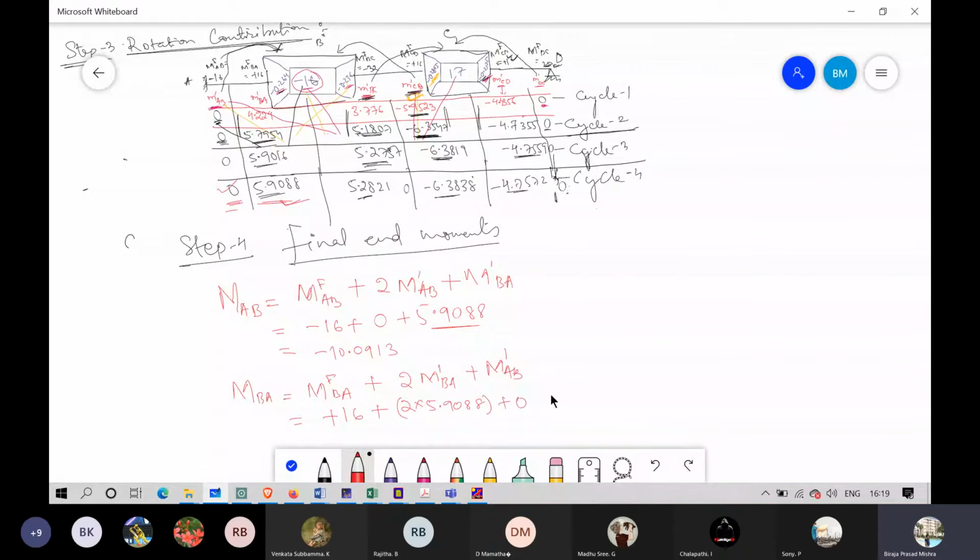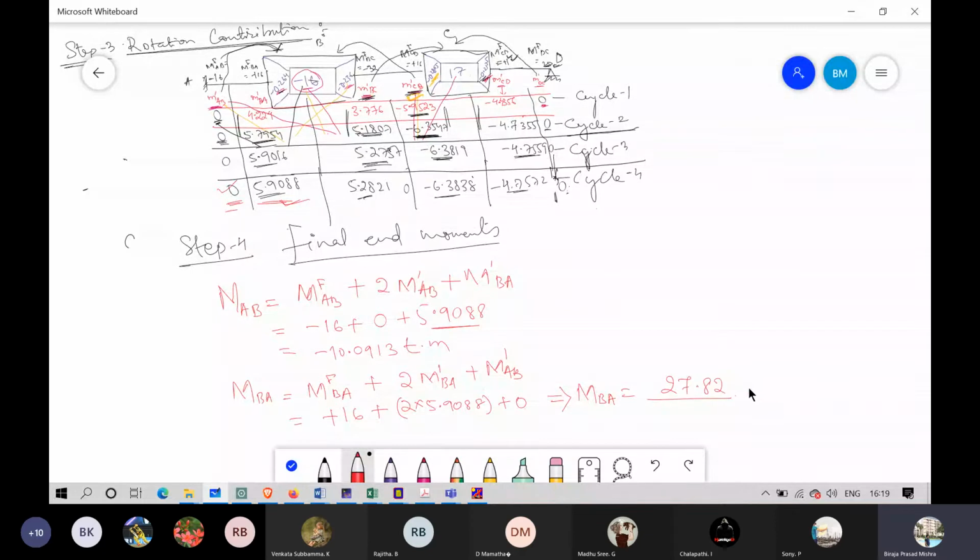Please quickly tell me the value. This implies MBA equals 27.8182.